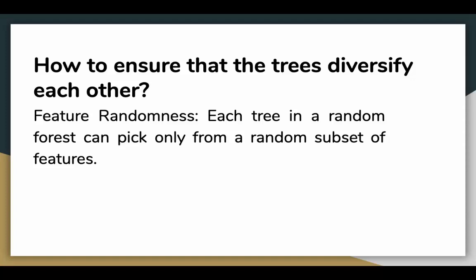This forces even more variation amongst the trees in the model and ultimately results in lower correlation across trees and more diversification. So, since we are selecting random features in multiple decision trees, this ensures that all of the decision trees are diversified when combined together.